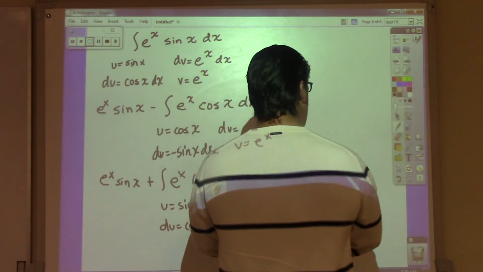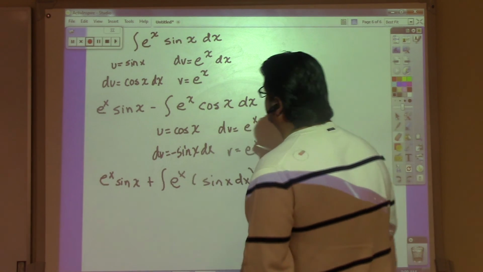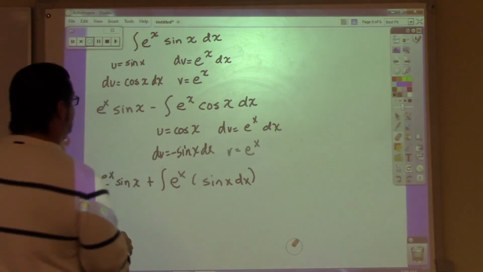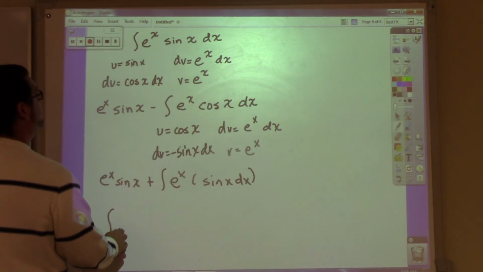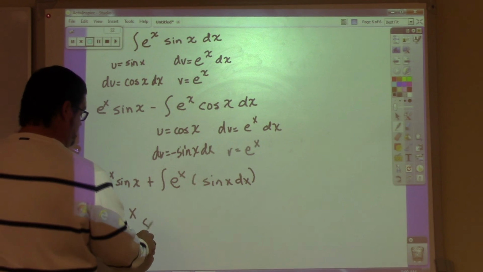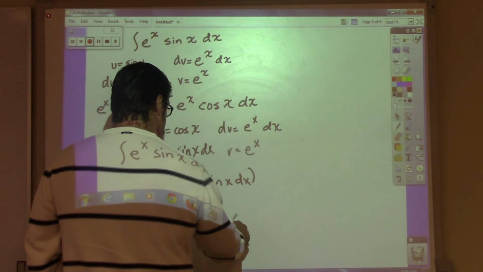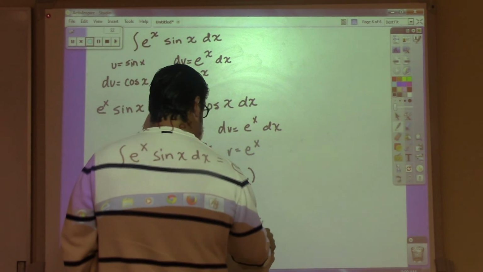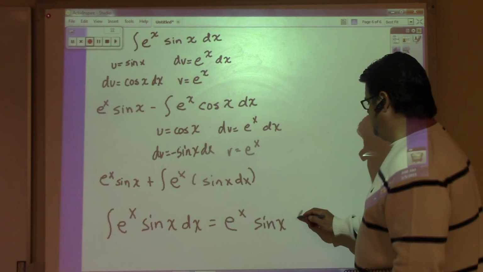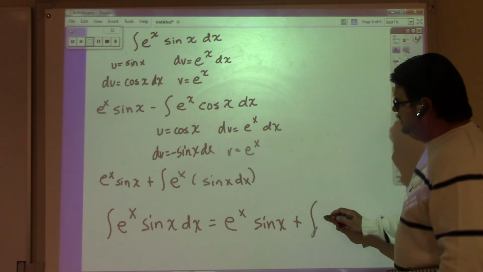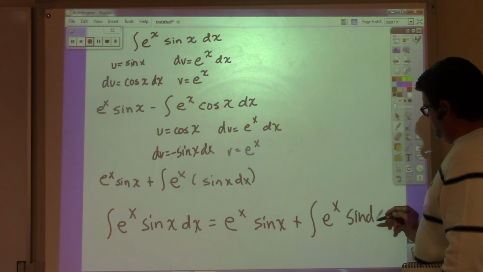This can come over. I forgot to write the beginning of it. The antiderivative of e to the x sine of x dx is equal to e to the x sine of x plus the antiderivative of e to the x sine of x dx.